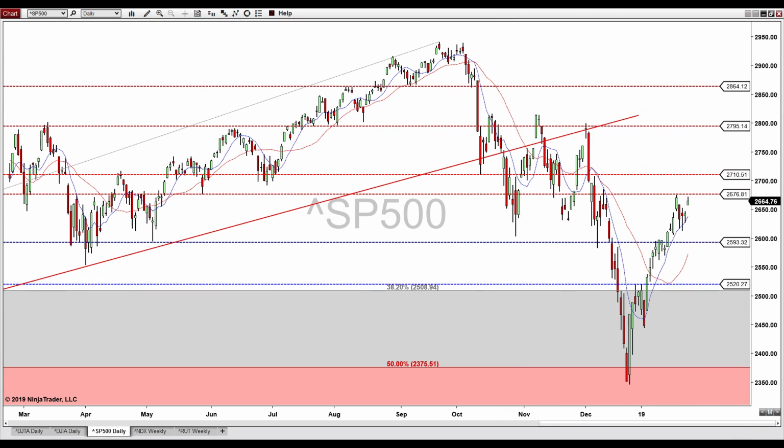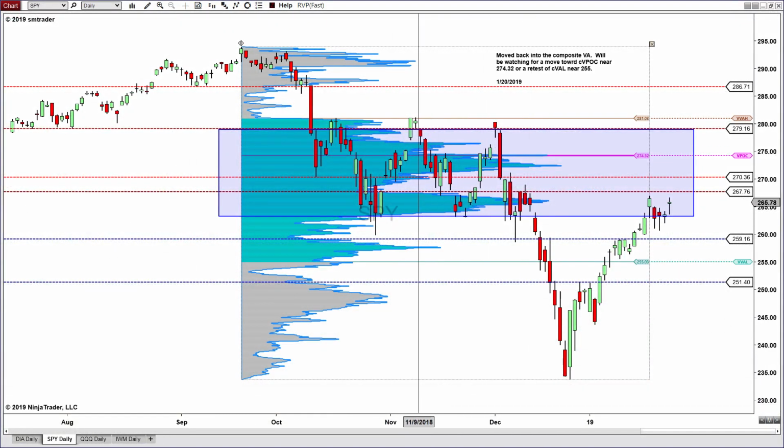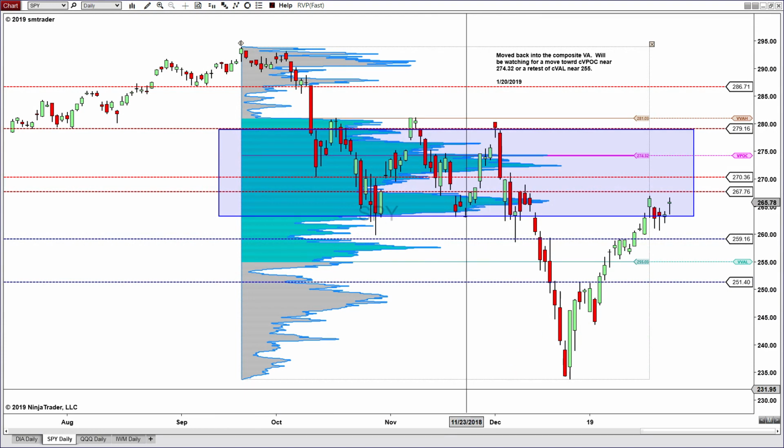And if we take a look at the SPY, the ETF for the S&P 500, you can see back on last week's note, again it's pretty much similar to the Diamond. Essentially it moved back into this value area, and we're looking for this thing to move toward the composite volume point of control here near this 274 area.